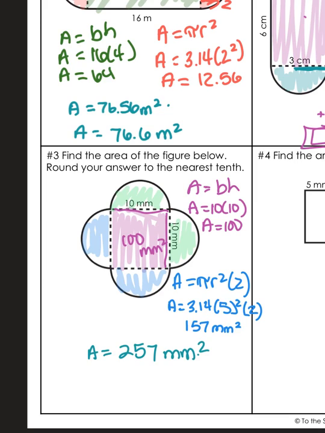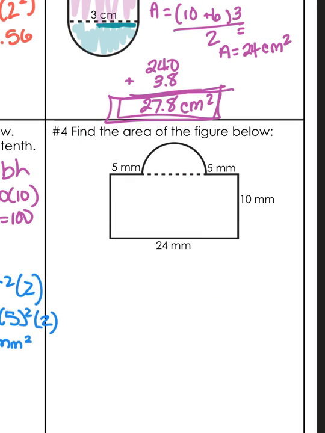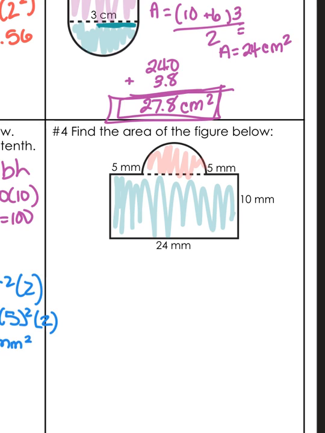Okay, one more problem. This one is a little bit trickier. I'm going to go ahead and start with the fact that I know this right here is a rectangle, and I know that this is a semicircle. So if I know that that is a rectangle, I'm going to start with area equals base times height.